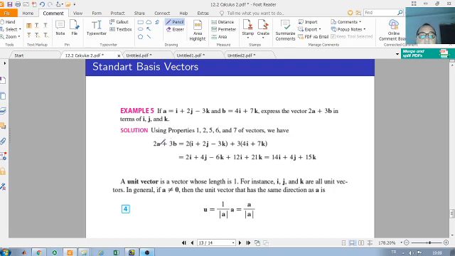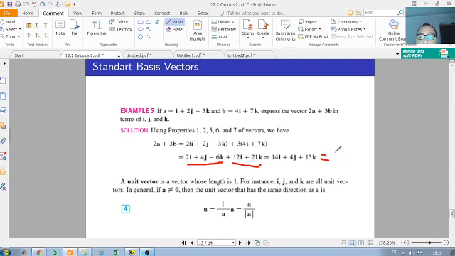So writing the definitions of the vectors, 2 times (i plus 2j minus 3k) plus 3 times (4i plus 7k), and distributing the numbers into the parentheses and applying the addition, we obtain 14i plus 4j plus 15k.